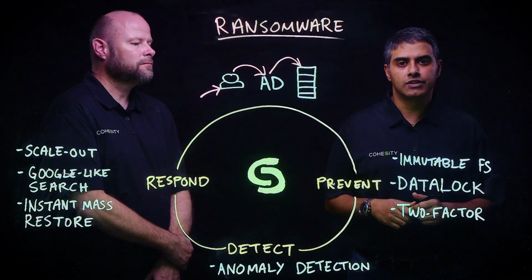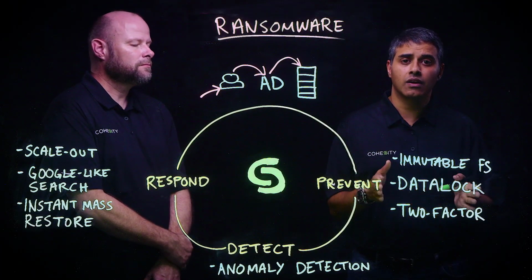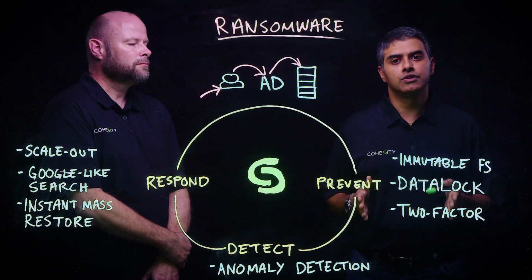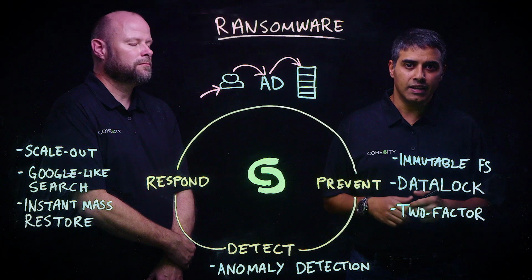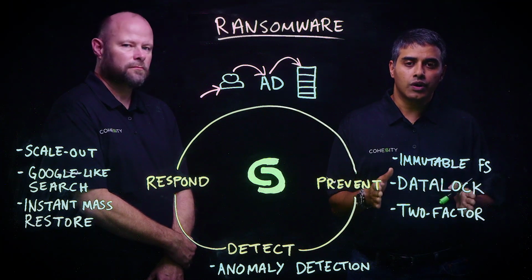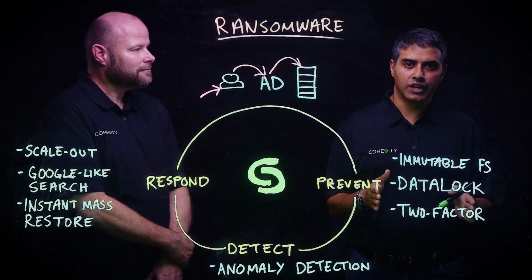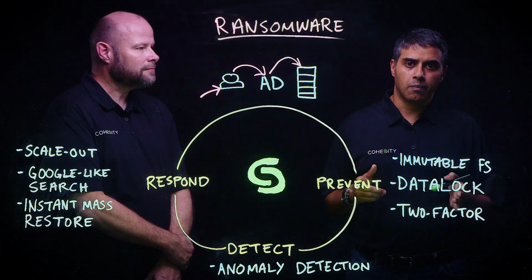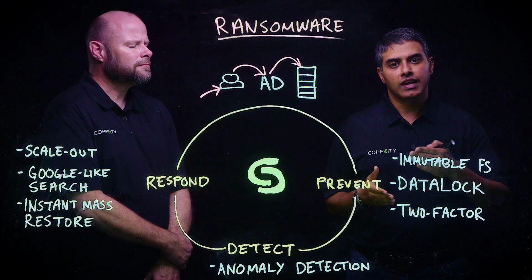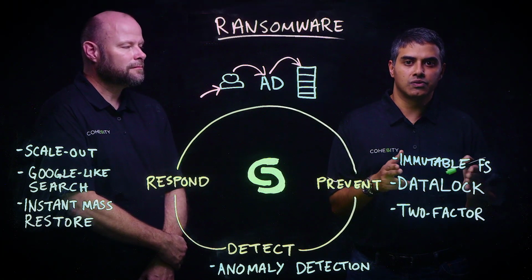The second line of defense in Cohesity is our data lock capability. Very similar to WORM, which is commonly in the space known as write once, read many. This gives the authority to the security officer within the organization to lock a particular snap for a duration of time. And what they can do is they can overlap that duration with another snap.